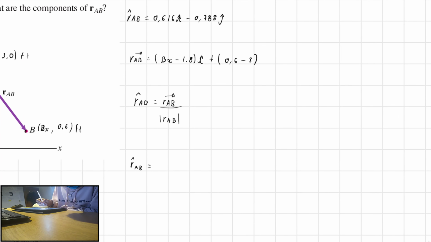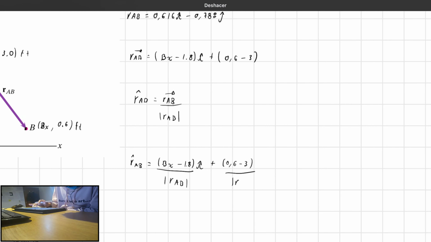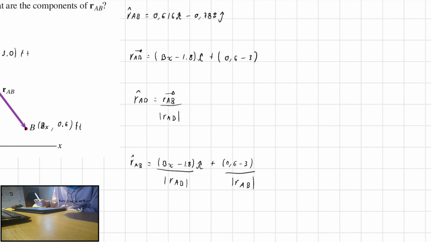So right here I have Bx minus 1.8 plus 0.6 minus 3, divided by the magnitude of RAB. Sorry, not the unit vector. So I already have this equation.